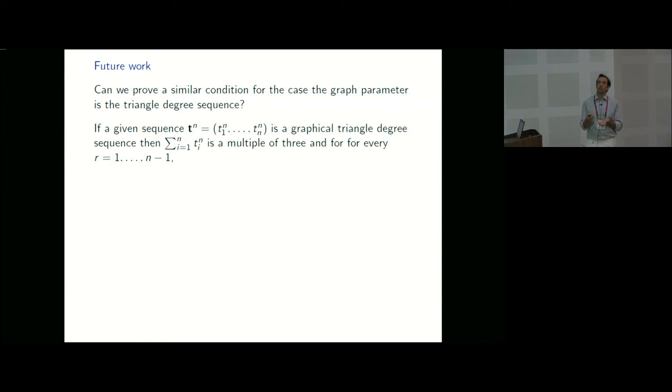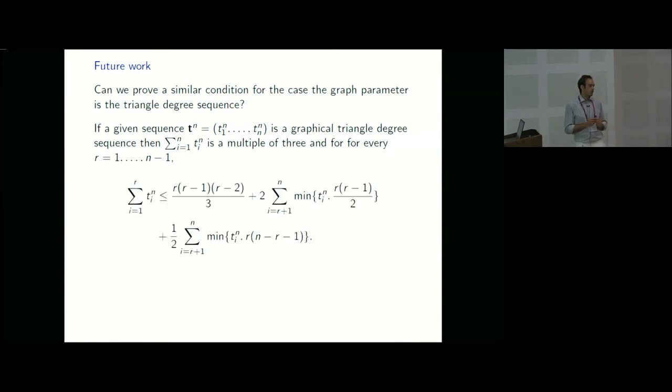There is a necessary condition. If the triangle sequence is graphical, then the sum should be a multiple of 3, of course. It's 3 times the total number of triangles, and this condition has to be satisfied. If you see the proof, this condition is pretty intuitive, but it is not sufficient.